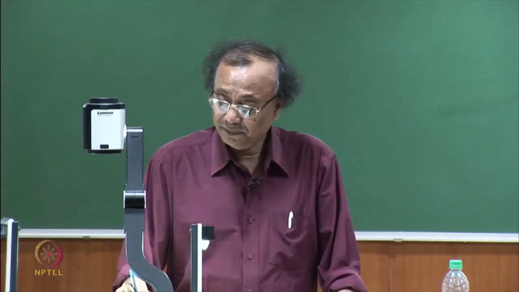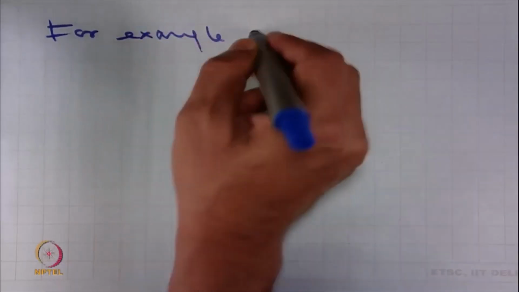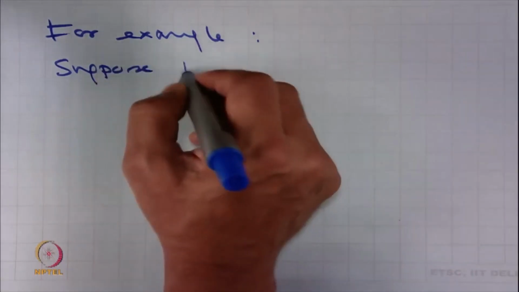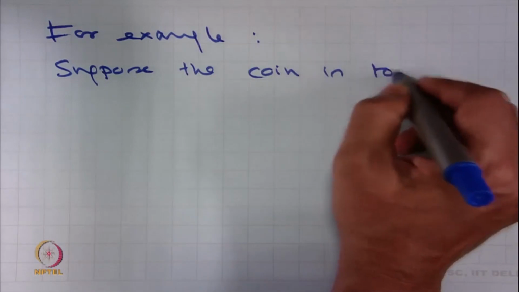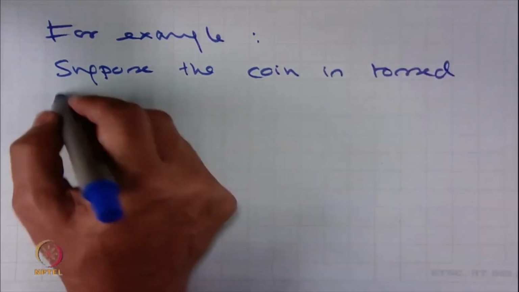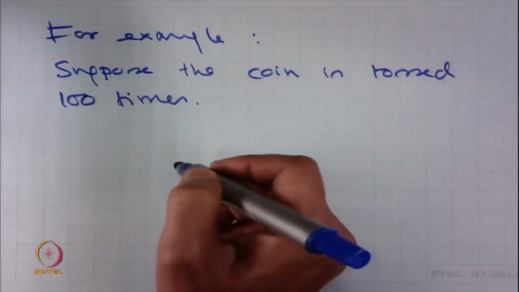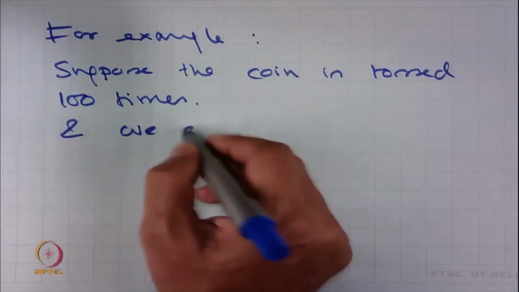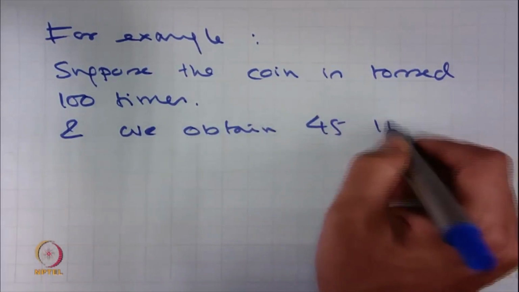So, for example, suppose the coin is tossed 100 times and we obtain 45 heads.